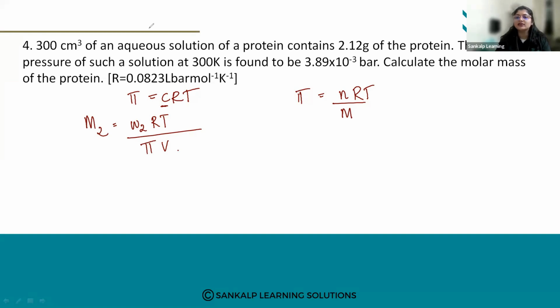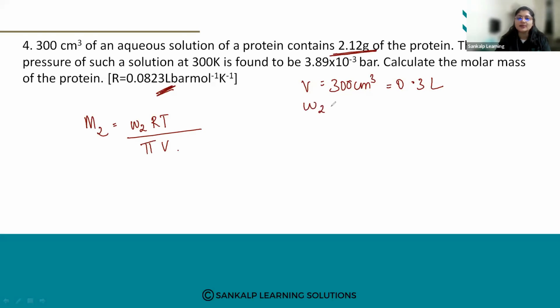First, we'll write the things which are given. Volume is given as 300 centimeter cube, so we have to convert it into liters. If you convert it into liters, it is 0.3 liters. Then the weight of the solute W2 is 2.12 grams.